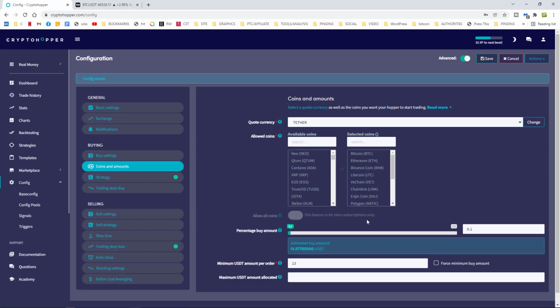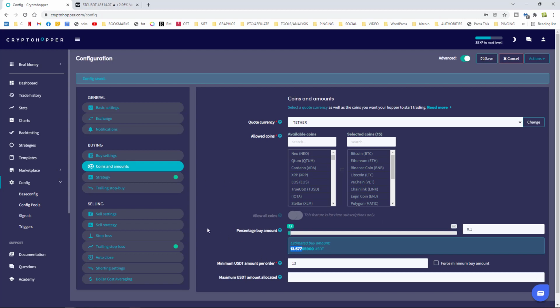Now remember, this number will go up. I think that basically means 0.1% means I've got 13,577-ish dollars in total assets. That's all my bags, that's all my USDT, and all of those open positions that are in profit right now.